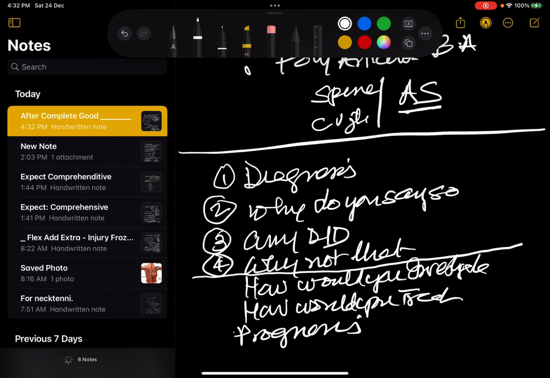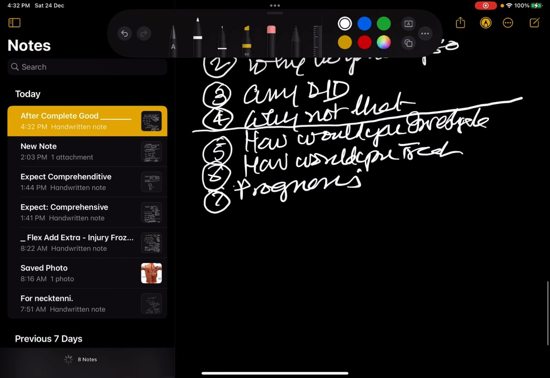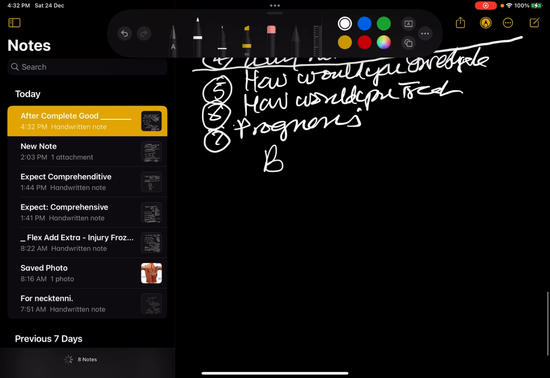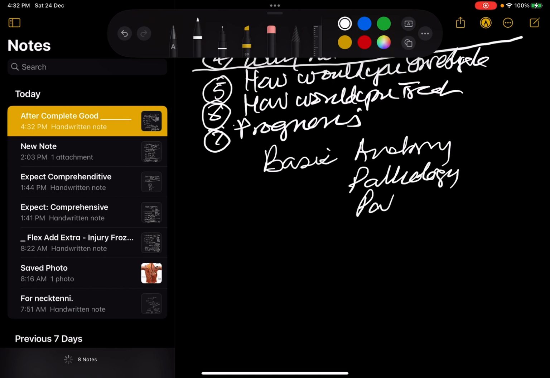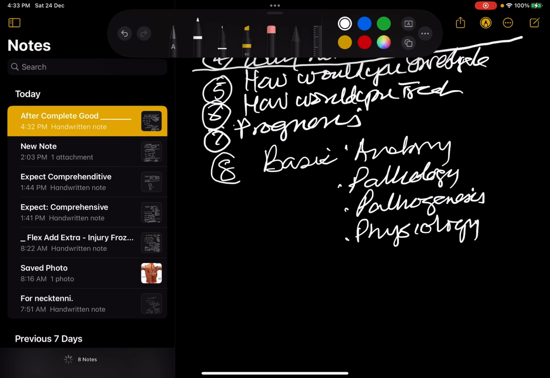And you have to get prepared to answer how would you investigate, how would you treat, what is the prognosis, and then some questions about the basic anatomy, pathology, pathogenesis, and physiology behind physical signs and all those answers that you give. So that is the 8th question.